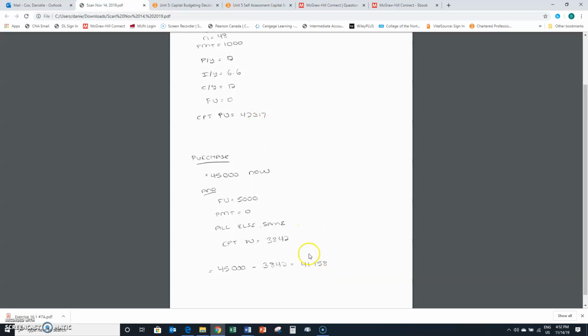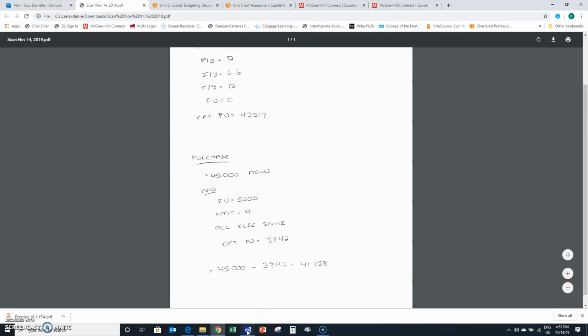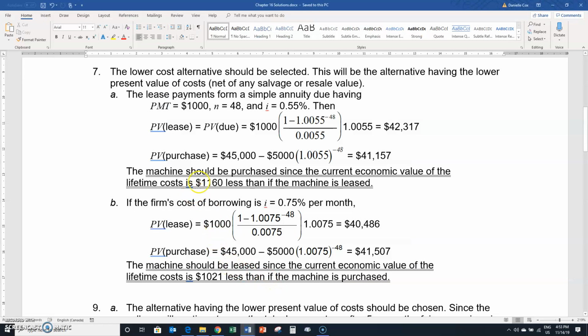So the lower cost alternative is purchase. And if we look here, they've done them by using the formulas. But again, the machine should be purchased, since the current economic value of the lifetime cost is $1,160 less than if the machine is leased. So you want to go with the least cost alternative.